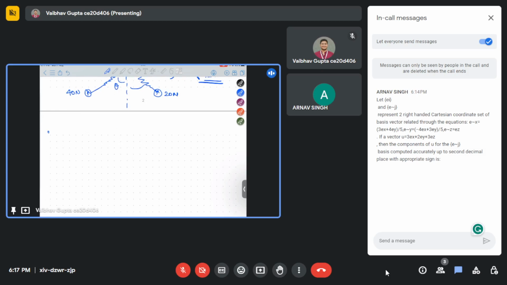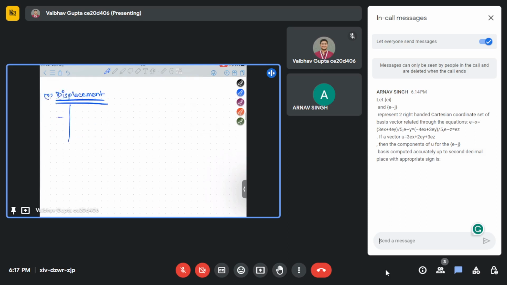So the second concept which we'll see is displacement. So basically to go into displacement, we need to understand certain things, what the body is and how it is idealized.